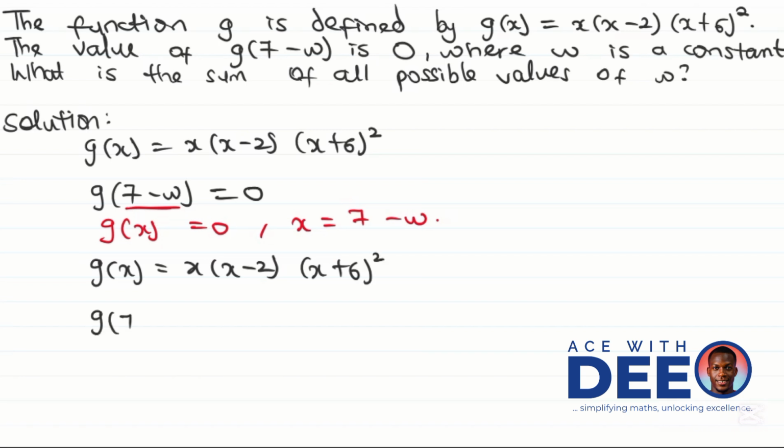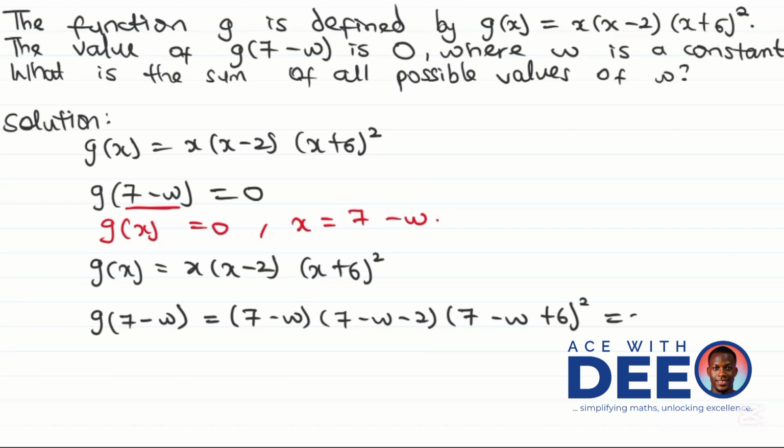So g of 7 minus w is going to be, instead of writing x, 7 minus w, times (7 minus w minus 2), times (7 minus w plus 6) squared, and this is equal to 0, since we know that g of 7 minus w is actually equal to 0.